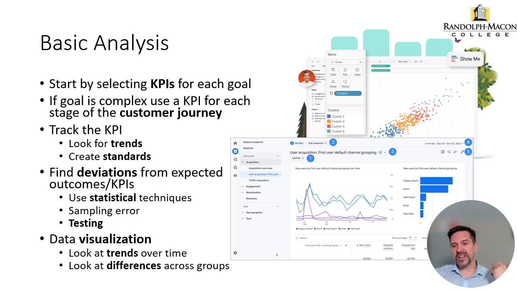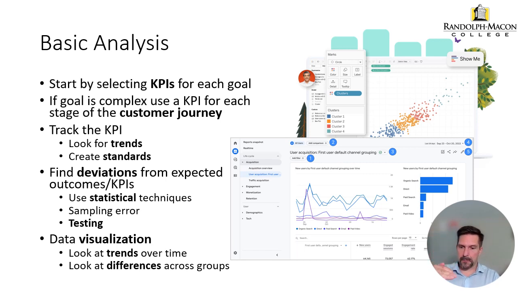If you're interested in increasing awareness for a brand, okay, then the number of impressions is a very useful KPI or metric. On the other hand, the same KPI or metric, number of impressions, is a lousy metric if you're interested in increasing sales for a product, right? They are weakly correlated. There are many things that need to happen between being aware of a product or a brand and buying the product or the brand.